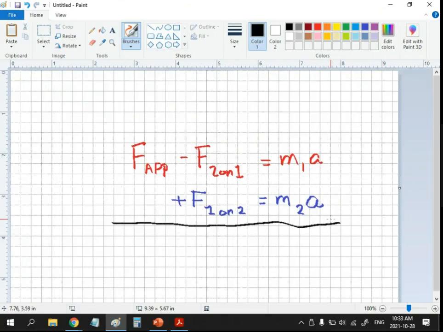What does Newton's law tell you? F1 on 2 is equal to what? Are those two the same number? But do they have different signs? Elimination.